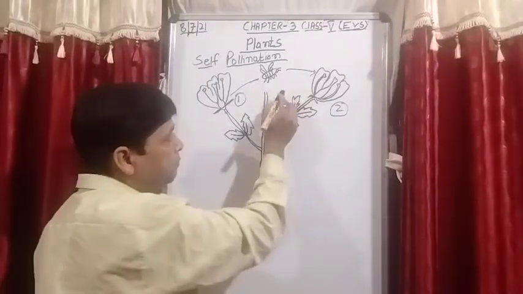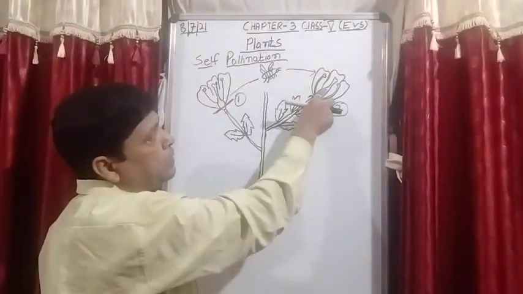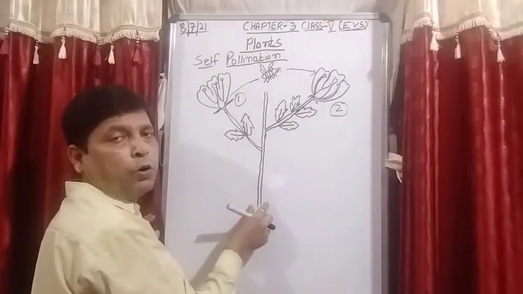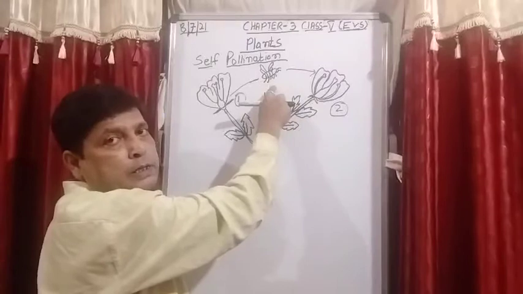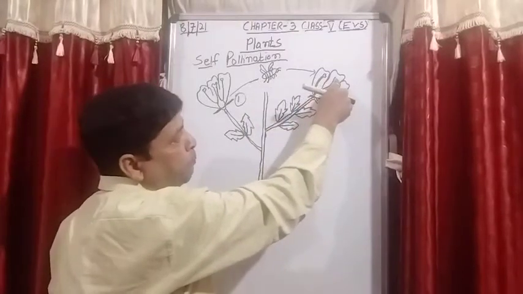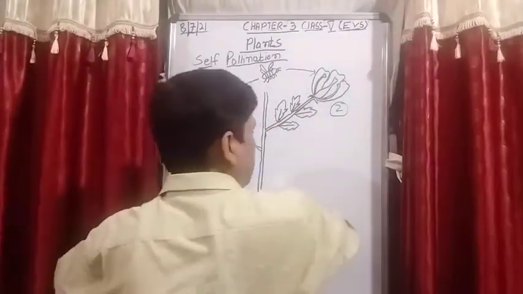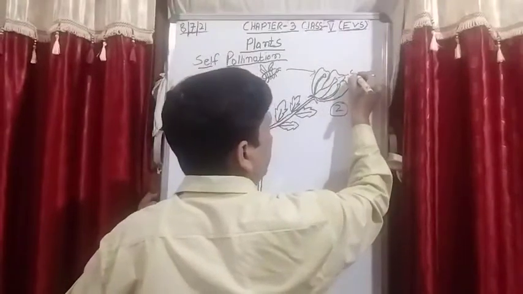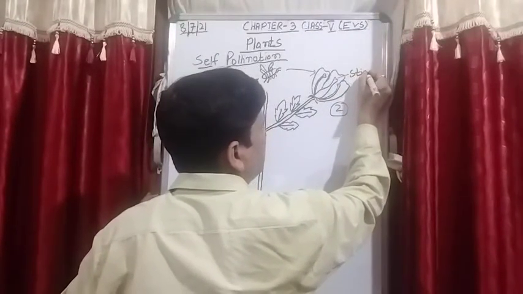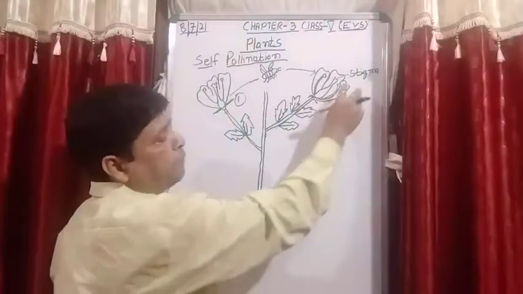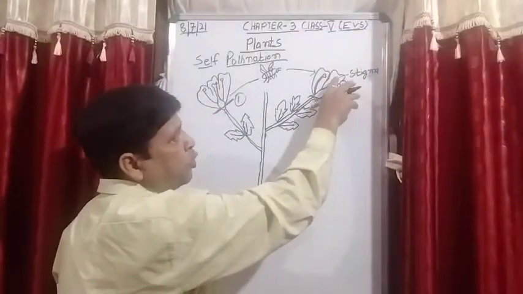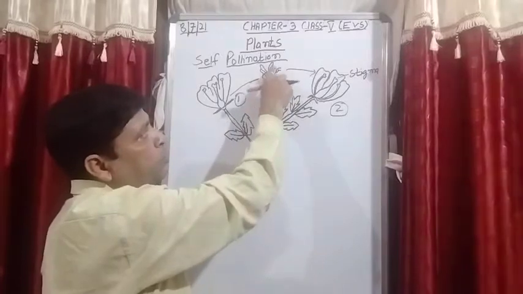When the bee goes from here to this flower, this flower is also on the same plant. So what happens? From the body of this bee, the pollen is left on this stigma, because pollens are stuck to the body of the bee.